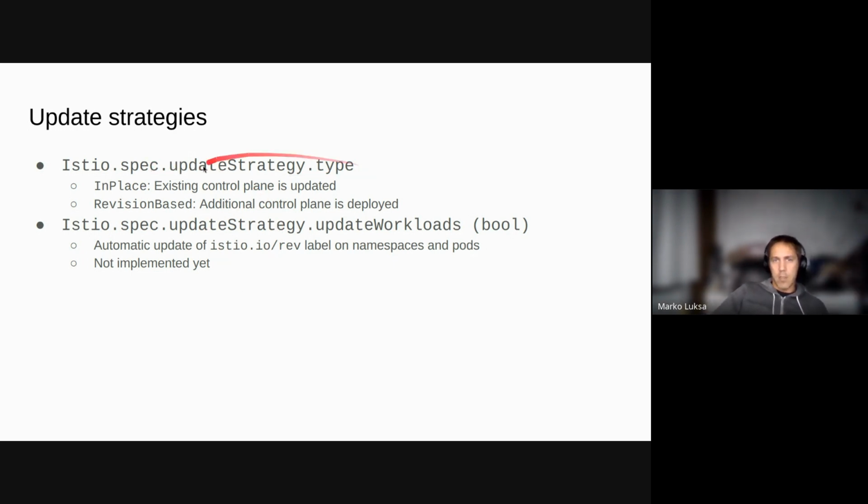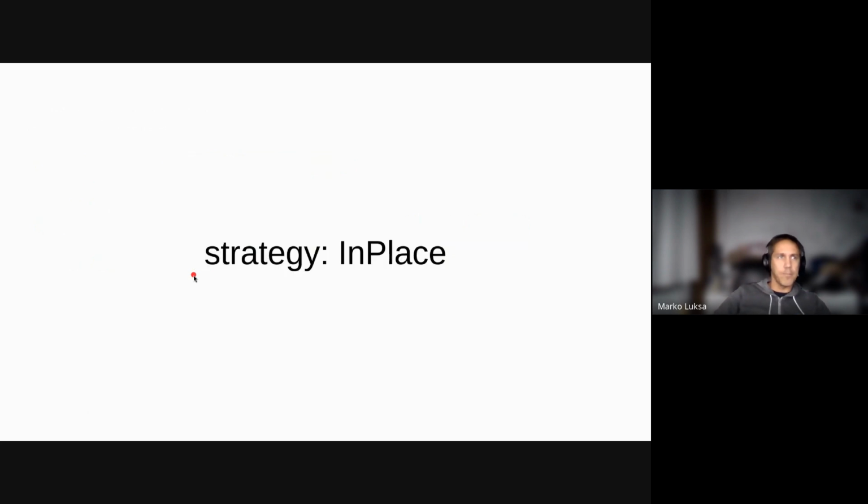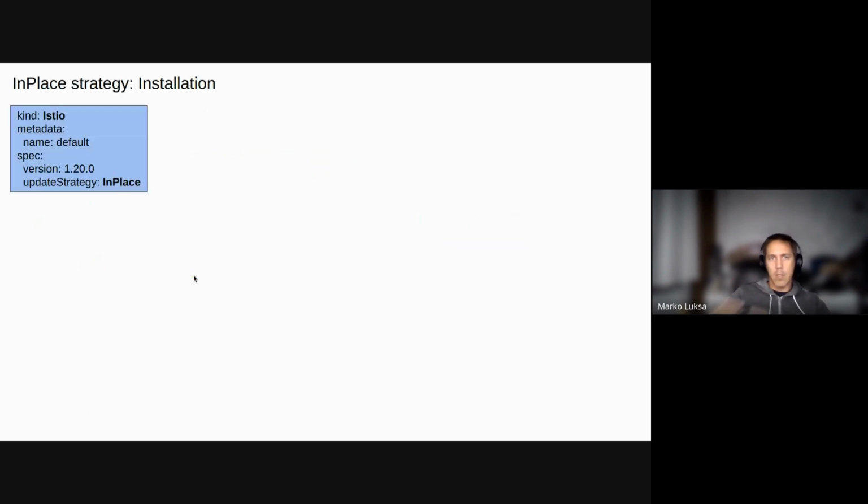So the strategy is one thing, and completely orthogonal to the strategy is whether you want to update workloads automatically or not, whether you want the operator to update them, right? We haven't implemented this, but we sort of know what we want to do about this. So now I want to just show you quickly how the two things work. But there's a question from Costin.